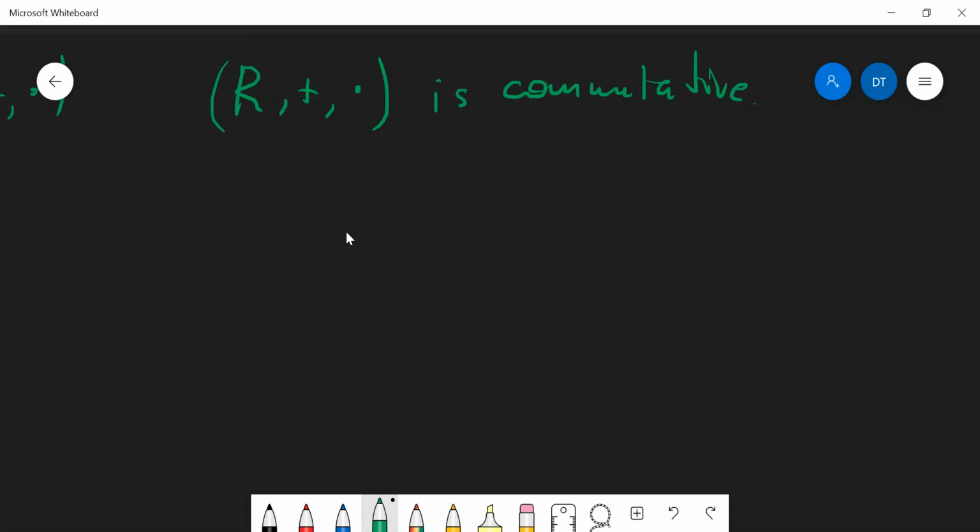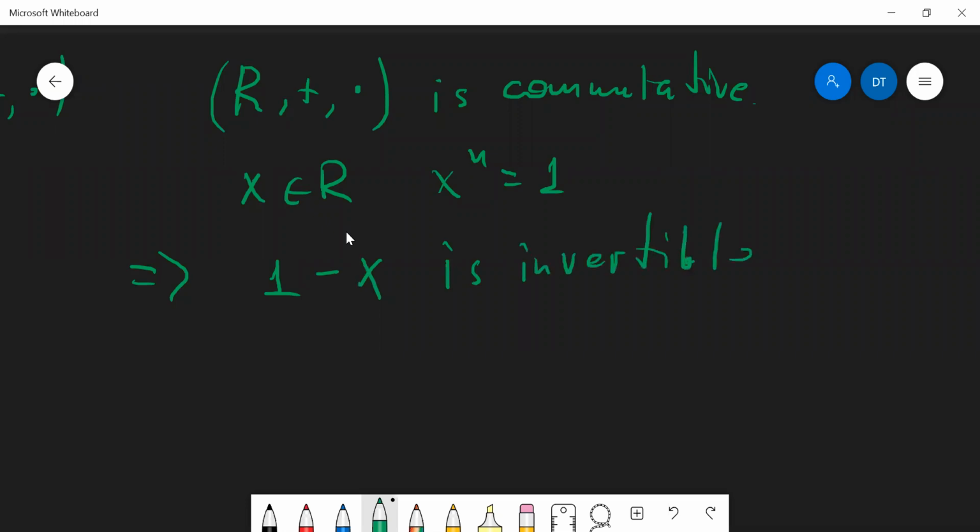Suppose we're given an element x which is nilpotent, so such that x to the n equals 1. Let's try to show that then the element 1 plus x, let's say 1 minus x for convenience, 1 minus x is invertible. Oops, it's 0.